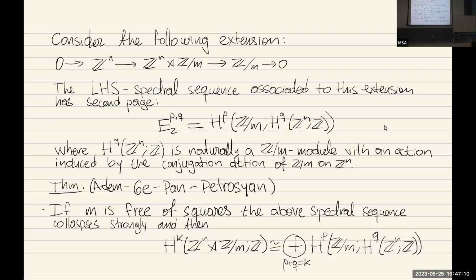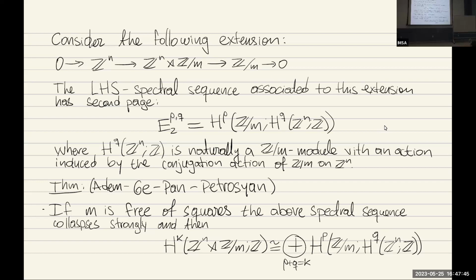In this case, the Lyndon-Hochschild-Serre spectral sequence has this second page, the group cohomology of Z over m with coefficients in this cohomology group of the integer numbers. And we already know how to compute that. Where this cohomology group is naturally a Z over m module with an action induced by the conjugation action.